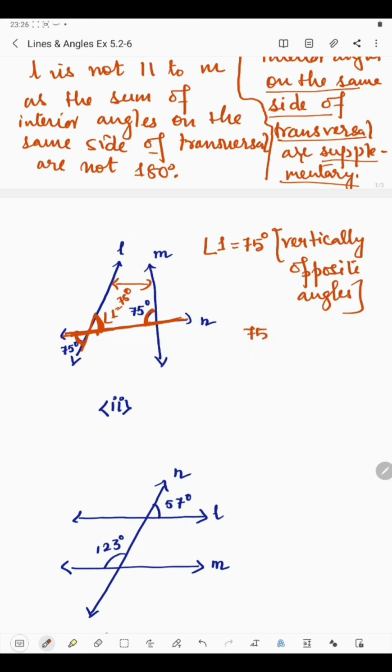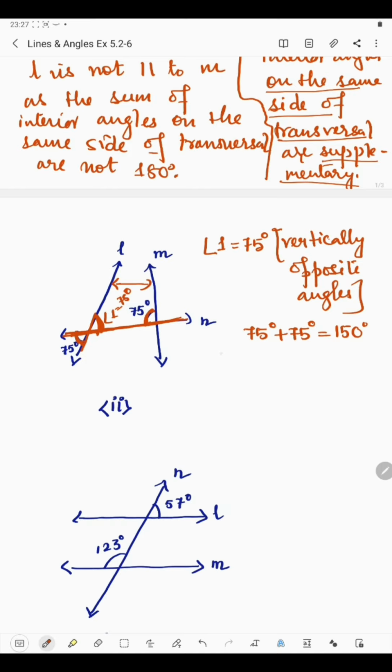So 75 degrees plus 75 degrees: 5 plus 5 is 10, 0, 1 carry, 7 plus 7 is 14, 14 plus 1 is 15. So we have got 150 degrees, which is less than 180 degrees. So L and M are not parallel.